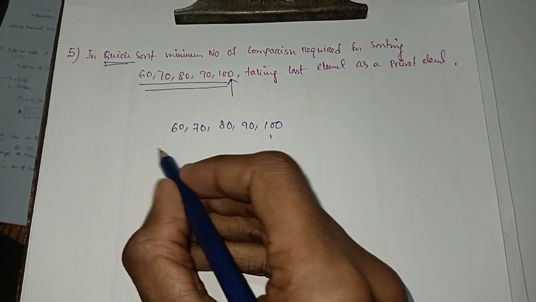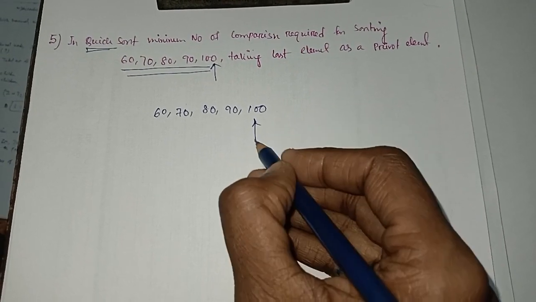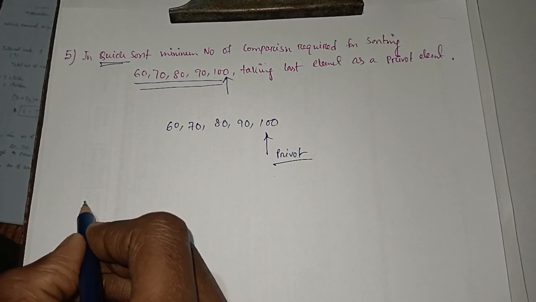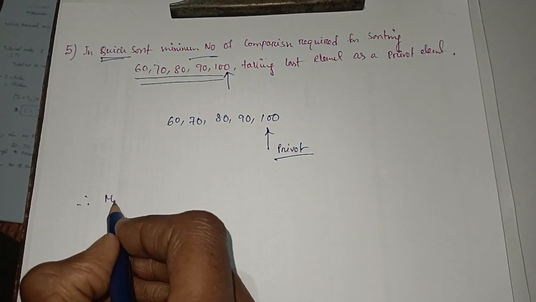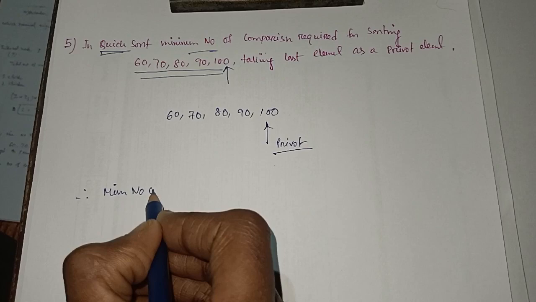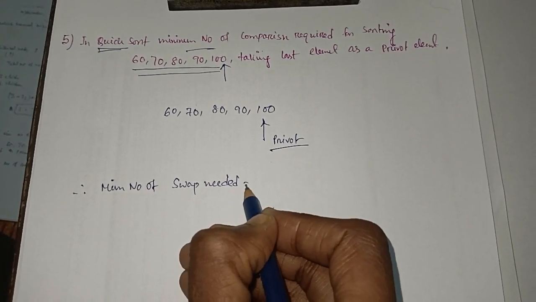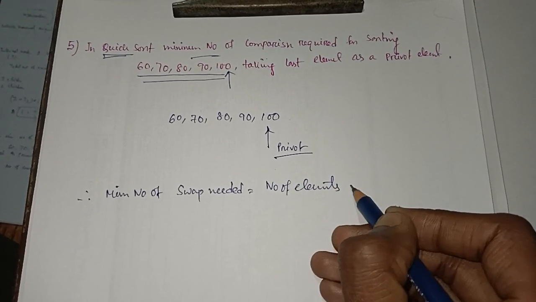The array is already sorted, and we take the last element as the pivot. From that we have to calculate the minimum number of swaps. So we have a formula: minimum number of swaps needed is equal to number of elements minus 1.